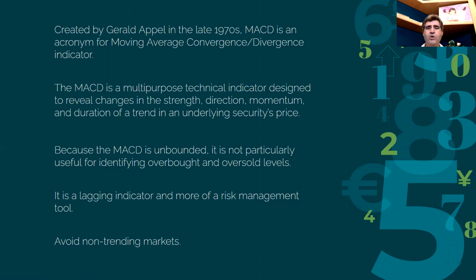Now, one of the things you have to understand as far as the difference between the MACD and stochastic we're going to talk about: MACD is a lagging indicator. What I use it for is my risk management, knowing where my exits should happen.